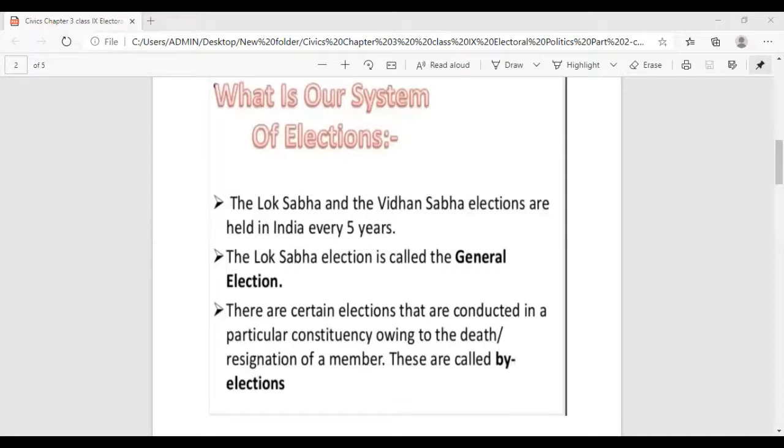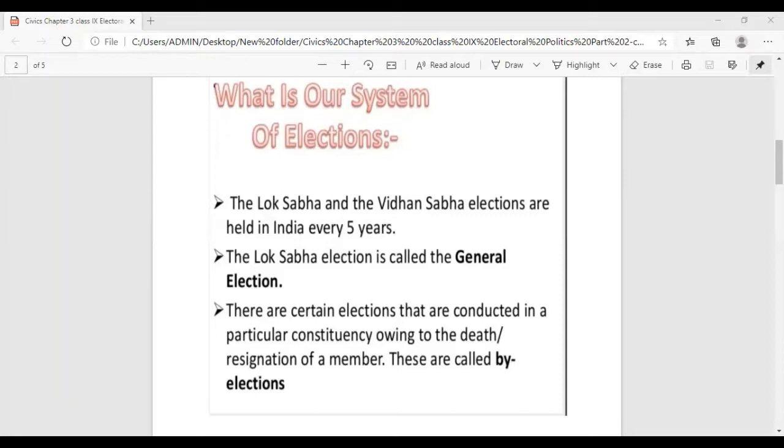The third step is election campaign. It means how these candidates communicate with the common people of the country. Step 4, voters list: who is eligible to vote and who is not. Step 5 and the last one, polling and counting of votes. So let's get started with step 1, that is electoral constituencies.